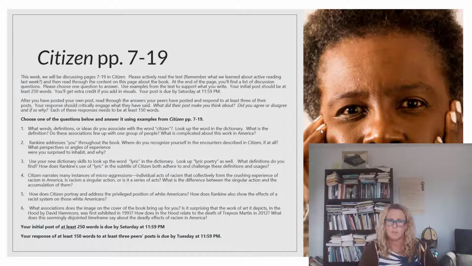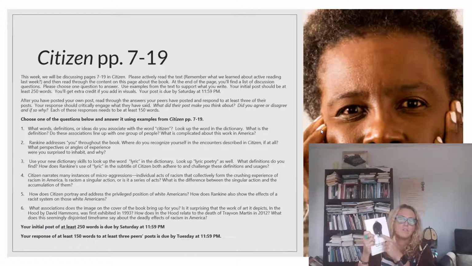Is it surprising that the work of art it depicts, In the Hood by Dave Hammons, was first exhibited in 1993? So this was first exhibited in 1993. How does the hood relate to the death of Trayvon Martin in 2012? What does this seemingly disjointed time frame say about the deadly effects of racism in America?